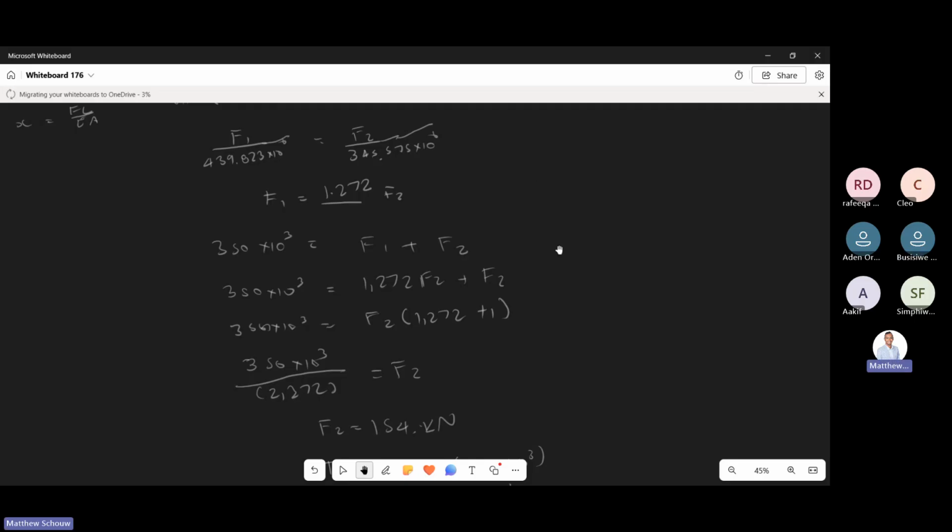Let me just quickly see. So I'm going to quickly do that first one. It's going to be 350 divided by that, and it's going to be 2.272. Okay, I do get the 154.049.